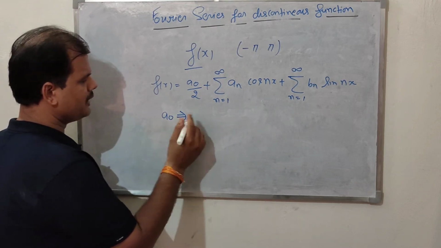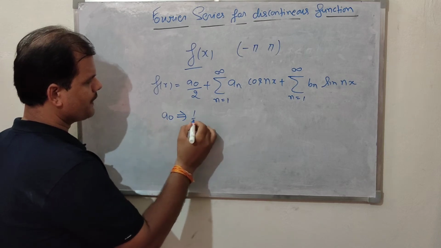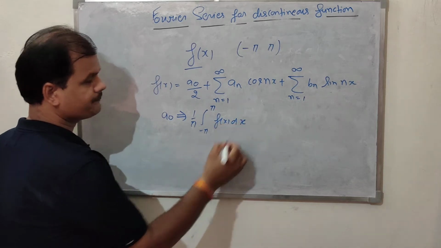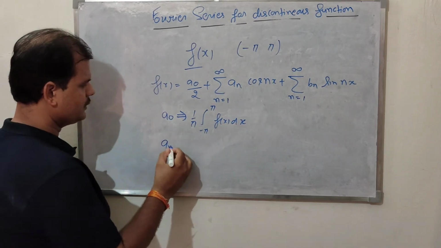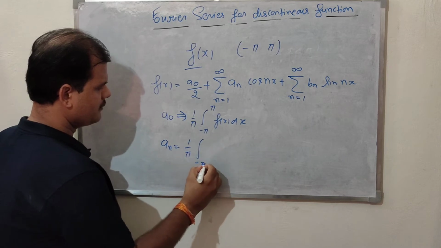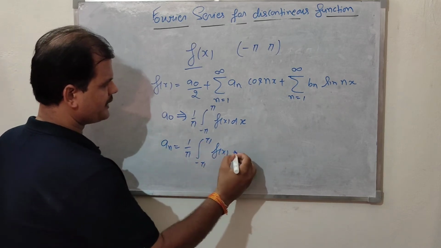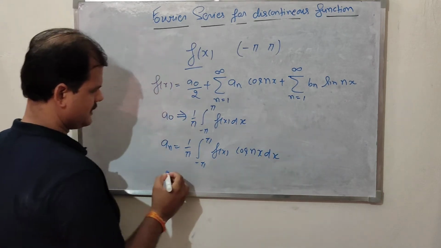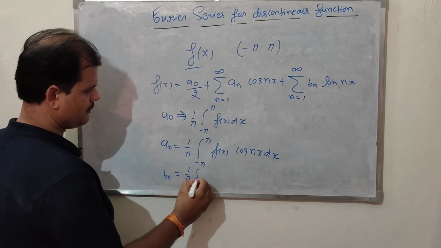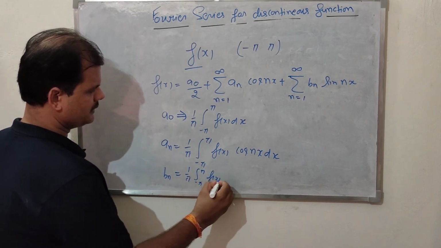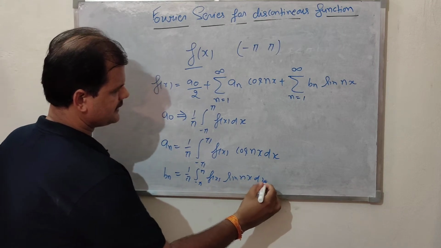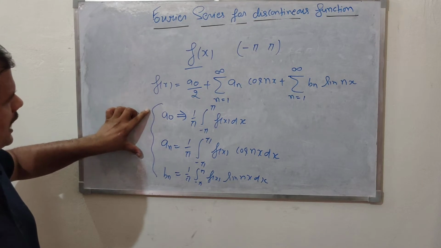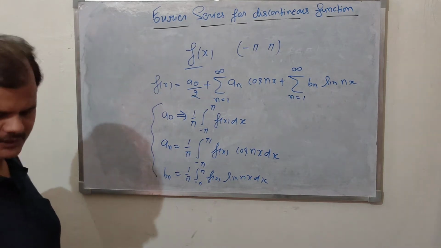So a0 equals 1 by pi, integral from minus pi to pi of f(x) dx, an equals 1 by pi, integral from minus pi to pi of f(x) cos nx dx, and bn equals 1 by pi, integral from minus pi to pi of f(x) sin nx dx. This coefficient formula is called the Euler formula, and this is called the Fourier series.